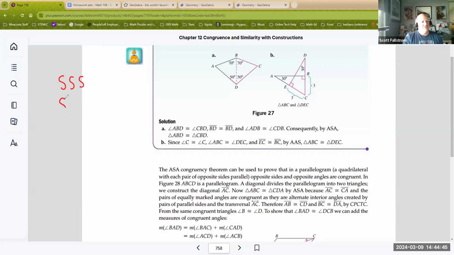We could have two sides and an angle, two sides and an angle, two sides and an angle. Likewise, we could also have, I just tell you all three of the angles. I tell you two angles with a side and something like this.